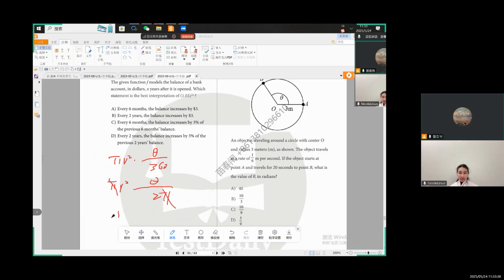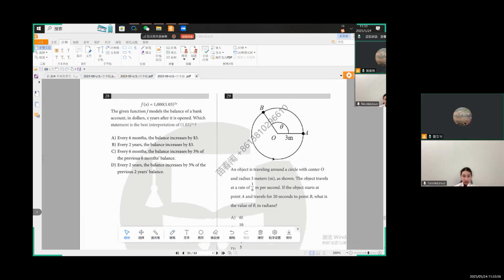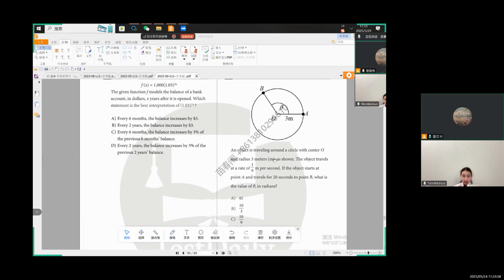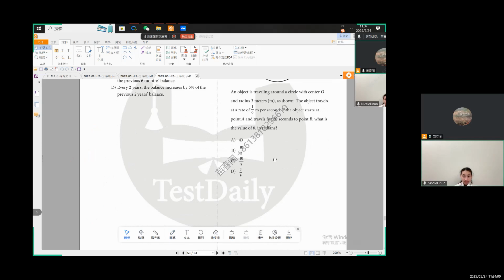R squared theta over 2. Yeah, 1 over 2 theta r squared, or 1 over 2 r squared theta. So use these 3 ways smoothly. You can get this, right? You can use your way too. Get the theta in degree and change it into radian, but that is a little time consuming. That's also okay.